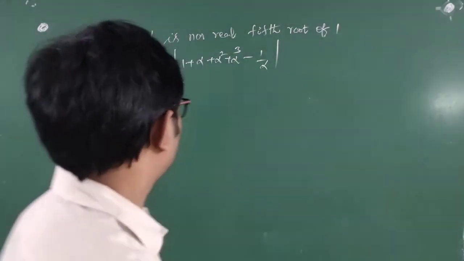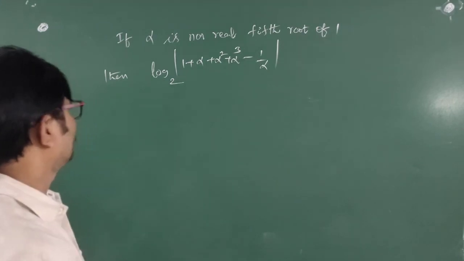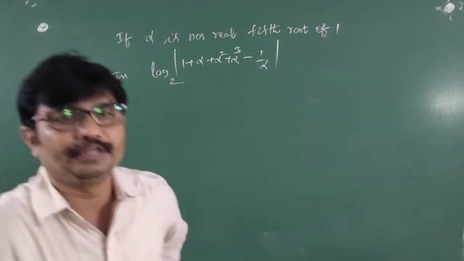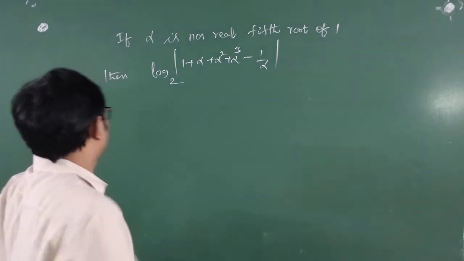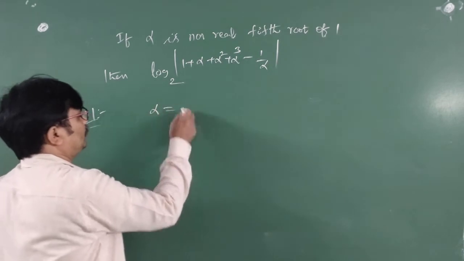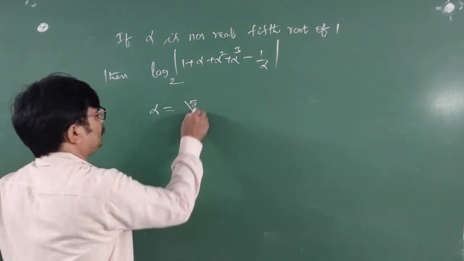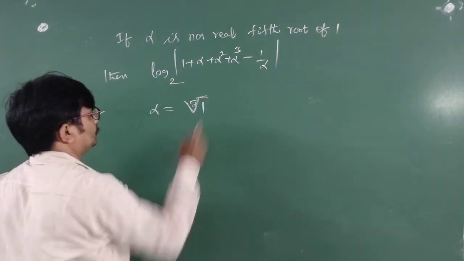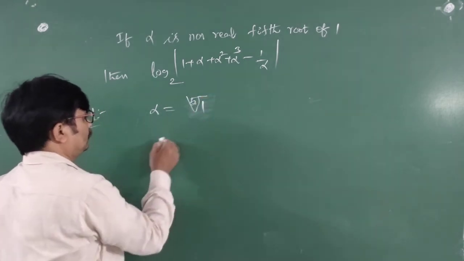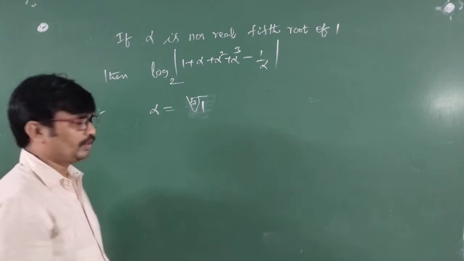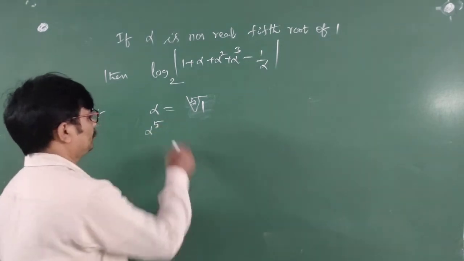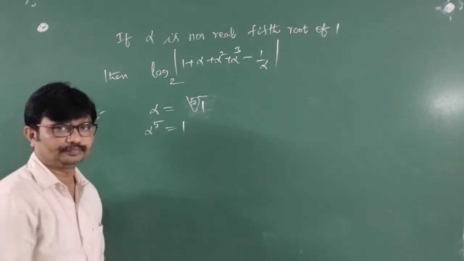Okay students, how to write this? It is given that alpha is a non-real fifth root of unity. So dear students, when we take alpha be the fifth root of unity, taking power 5 on both sides, alpha power 5 equal to 1.